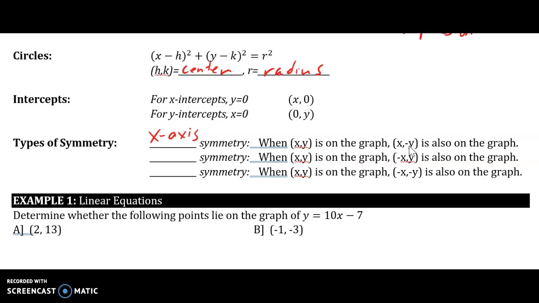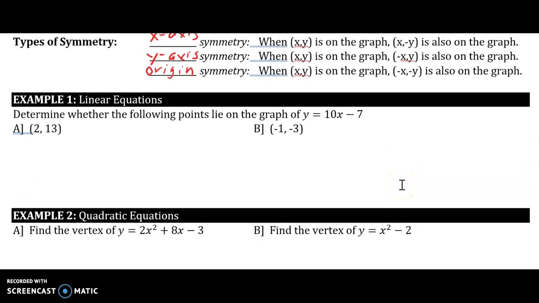When you change the x value and make it negative, you're flipping it left and right, but you're really reflecting it over the y-axis. And if you change both of them, you are symmetric over the origin. So just some definition type stuff to review, to make sure we have a good understanding of that.